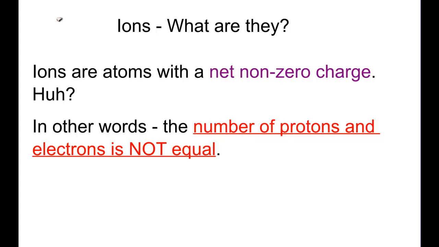So in other words, in order to get something that is not neutral, you have to have unequal numbers of protons and electrons. Let me just remind you guys here. If I have an atom, let me add in a separate blank page here. If I have an atom, in the nucleus you're going to have some number of protons.